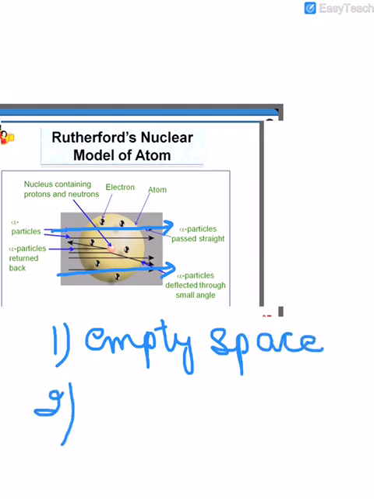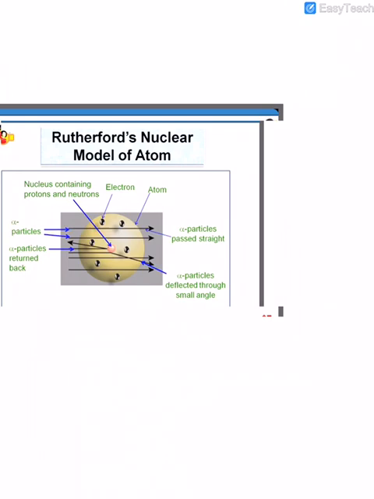Number 2 observation, few alpha particles were deflected through small angles. So these are the rays deflected through small angles.